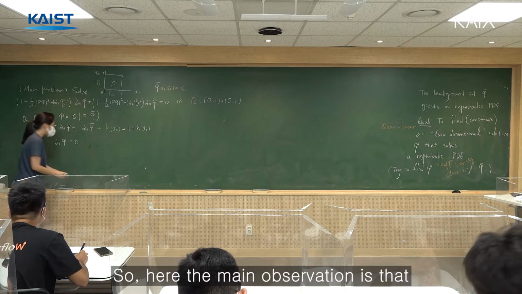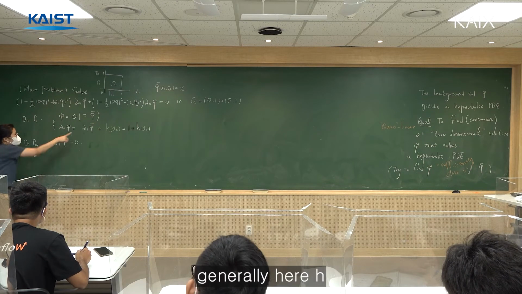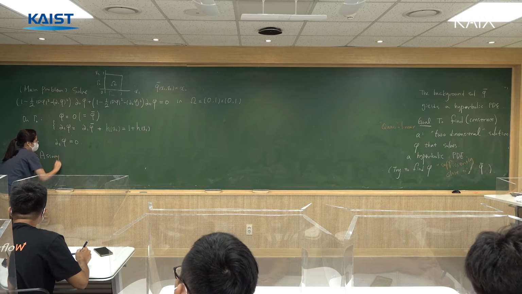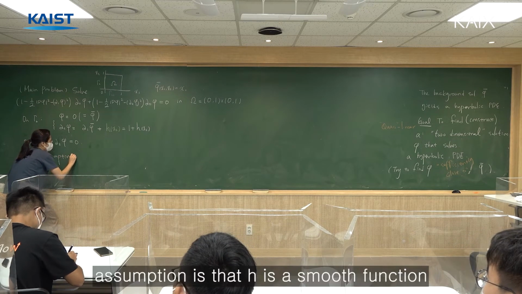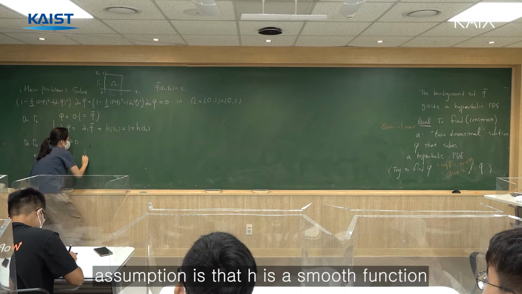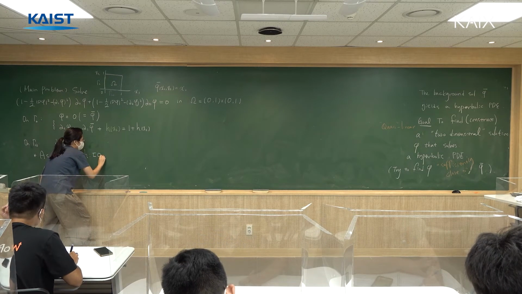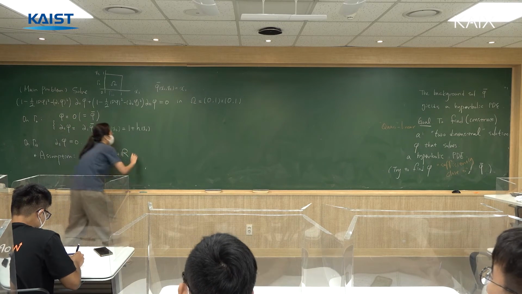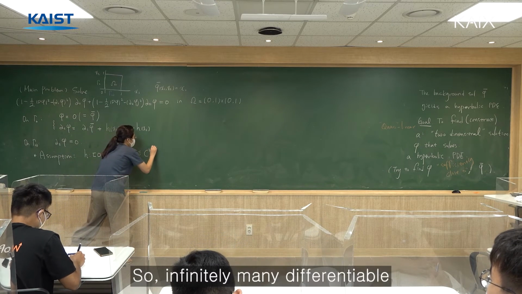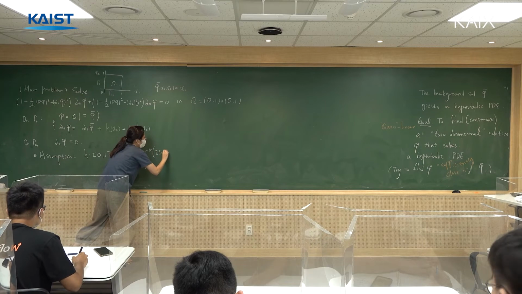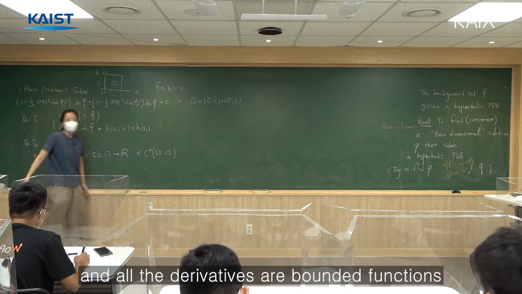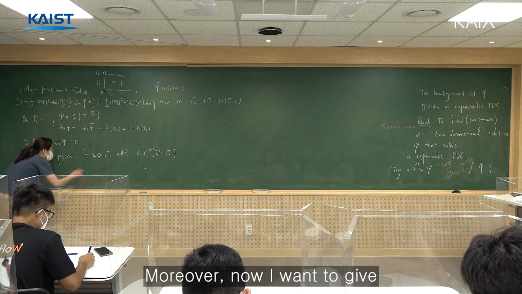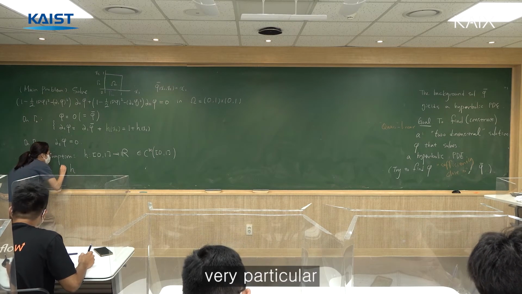So here the main observation is that, generally here, the assumption is that h is a smooth function. So this is smooth, so infinitely many times differentiable, and all the derivatives are bounded. Moreover, now I want to give a very particular one.